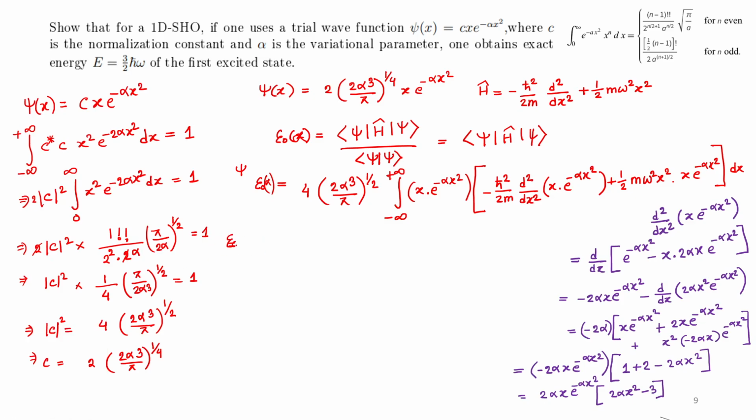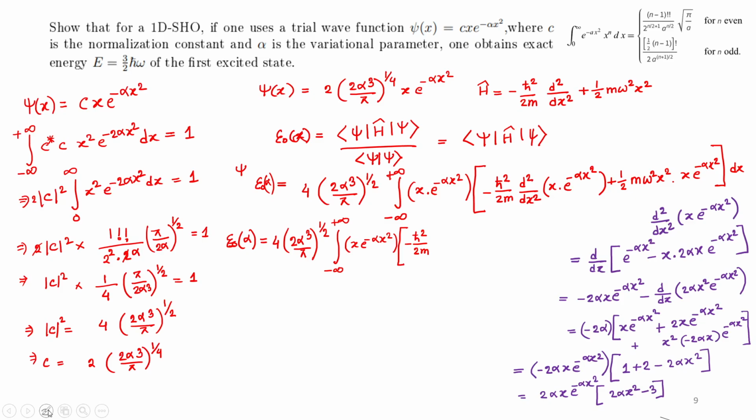So 4 into 2 by 5 half minus 20 plus 20 x into the power by square minus h square by 2m.